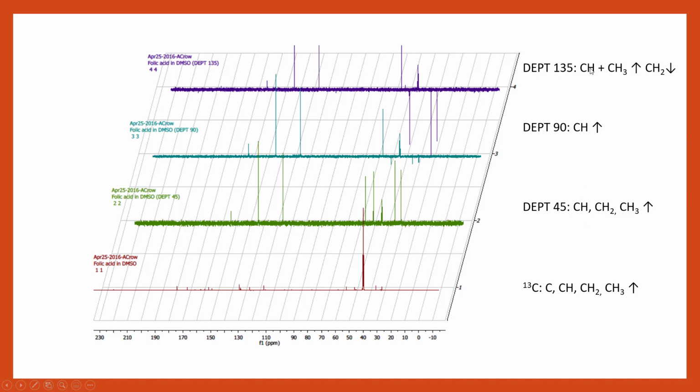And when we run our DEPT 135, we have definite clarification of our CHs and CH3s because they'll be facing upwards, and our CH2s will be facing downwards. And they're all obviously going to be appearing at the same chemical shift, all along our x-axis. So this is a lovely technique to really solve the puzzle of what your structure is.